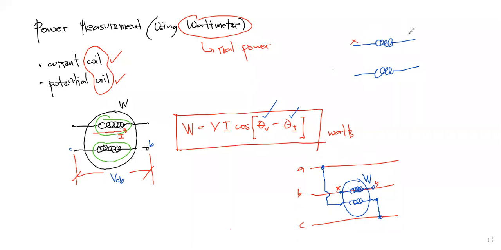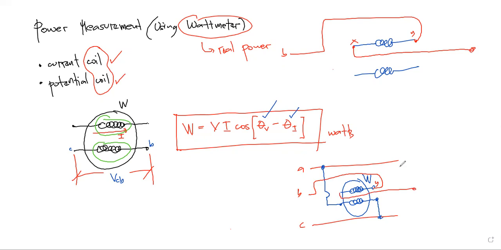What if we reverse it, so that Y is connected to line B, and the other one, X, is connected to the load, like this? So the current coil of the wattmeter is reversed.